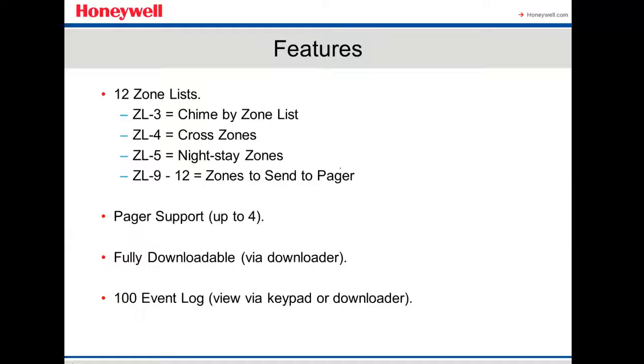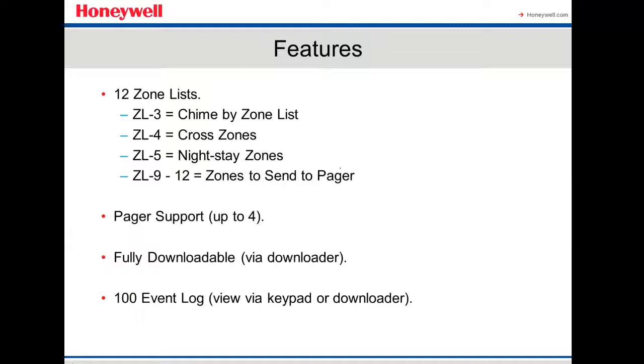It's fully downloadable via Compass. I don't know if you know what Compass is. Compass is software that Honeywell provides. It's free, and you can download it from webtech.honeywell.com. What it does is let you connect remotely from anywhere to your panel.